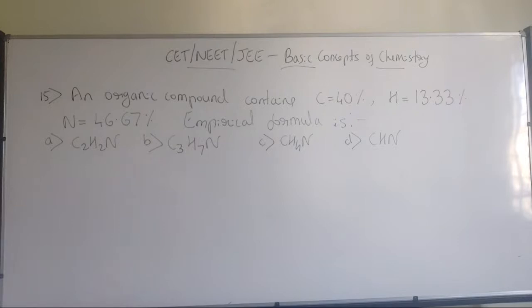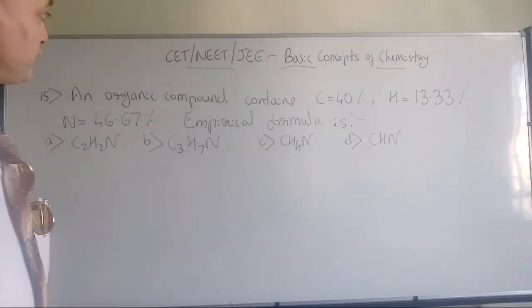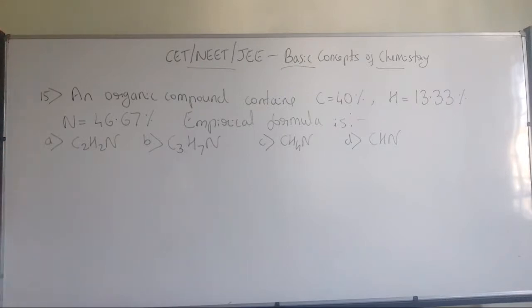So an organic compound contains carbon 40%, hydrogen 13.33%, nitrogen 46.67%. So the empirical formula they have asked. Okay, and the options are C2H2N, C3H7N, CH4N and CHN.